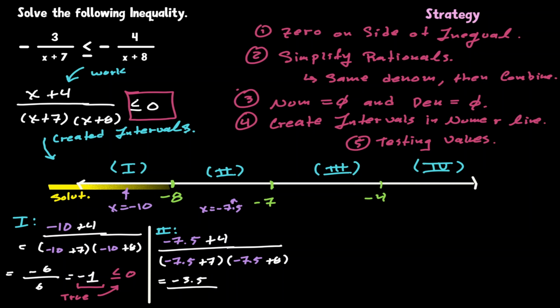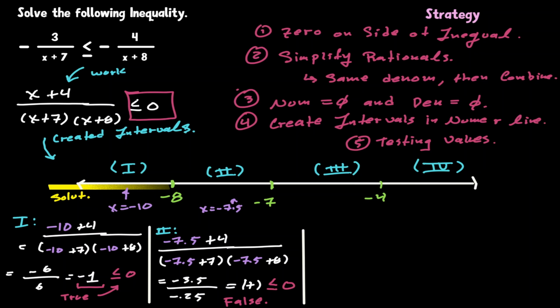And on the denominator, we're going to get -0.25. Well, a negative divided by negative is positive. We don't really care what the value is. We just want to know, is the result going to be less than or equal to 0? Well, this is going to be false. So what we are saying is that there's going to be no solutions in this second interval.